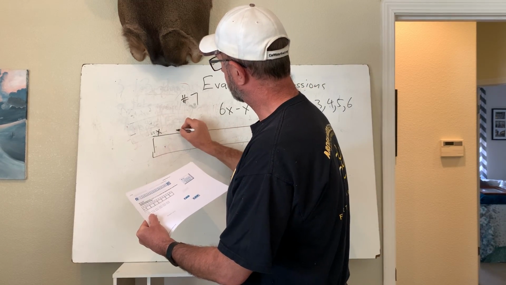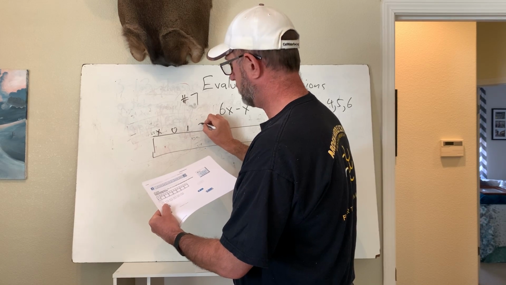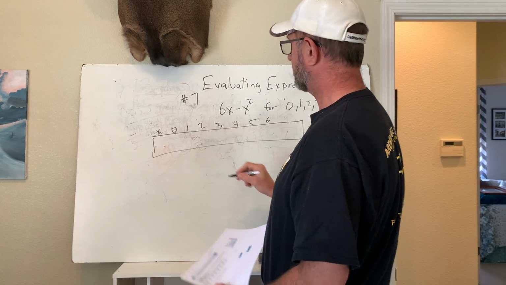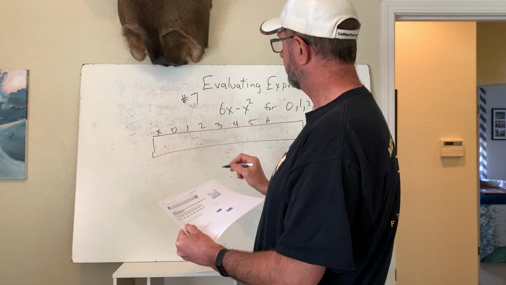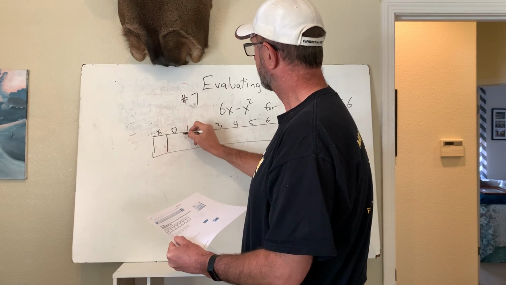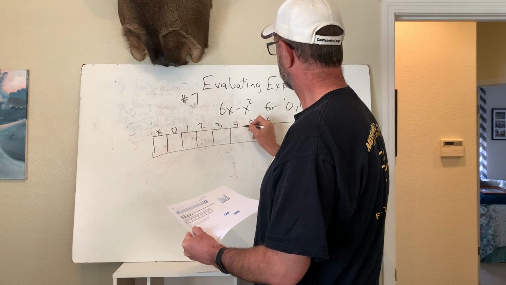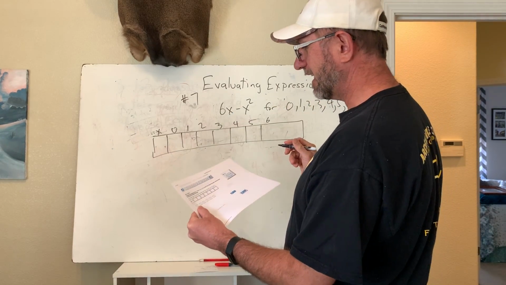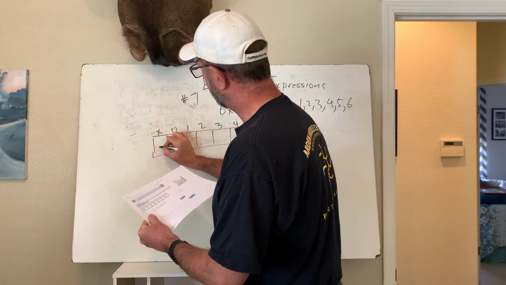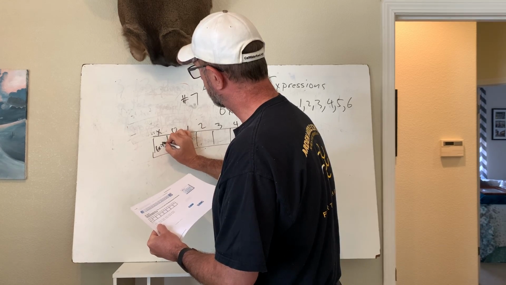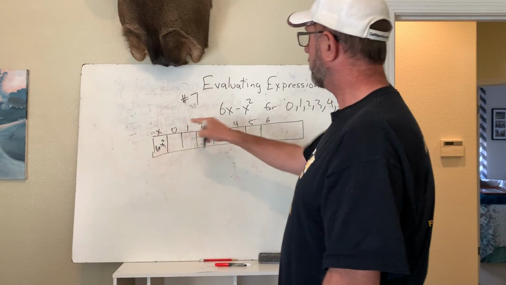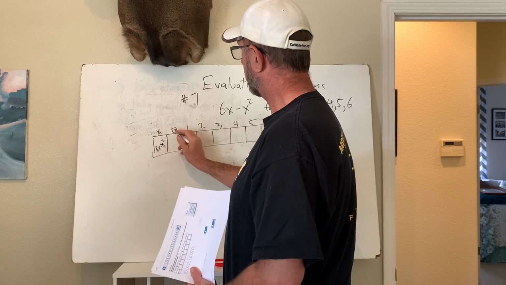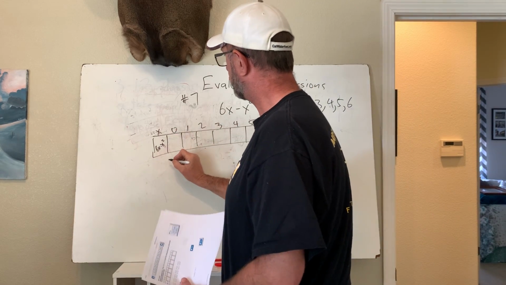And it says x, 0, 1, 2, 3, 4, 5, 6. They don't give you a big box for 6, I gave you a big box. Then in here it says 6x minus x squared. And again, now you're just going to plug these numbers in for x. So here, we're going to plug in all the x's with zeros.